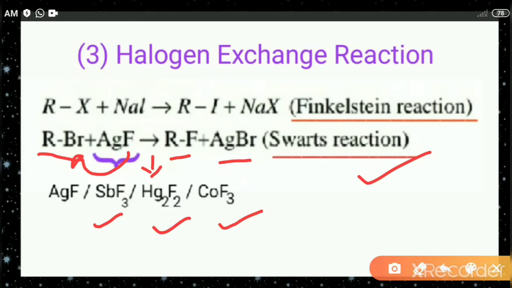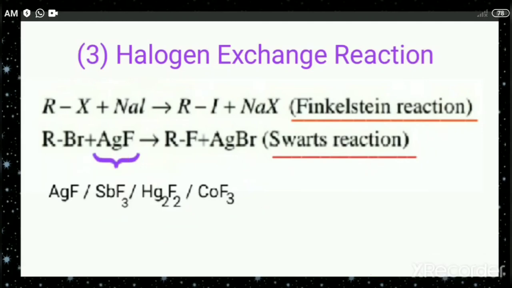And one more thing to remember: whenever we need to prepare a fluoro compound, that means an alkyl fluoride, we need to use the Swarts method, and whenever we need to make an iodide compound, we generally use the Finkelstein reaction. These are the two name reactions, so we need to list them in a separate name reaction list.